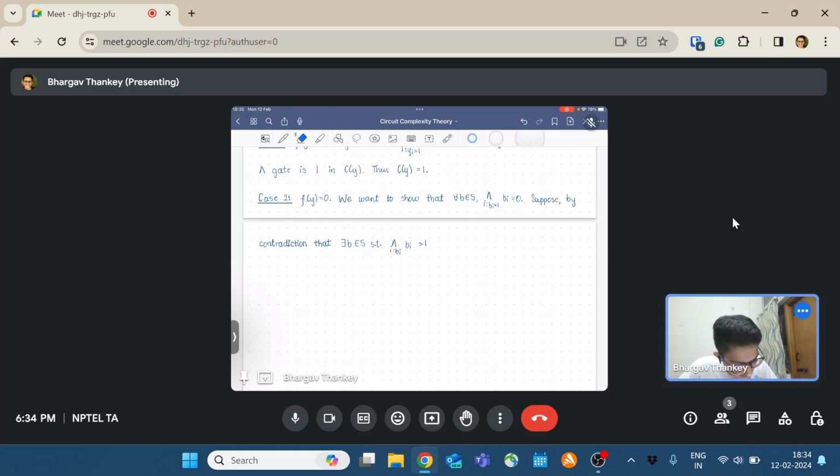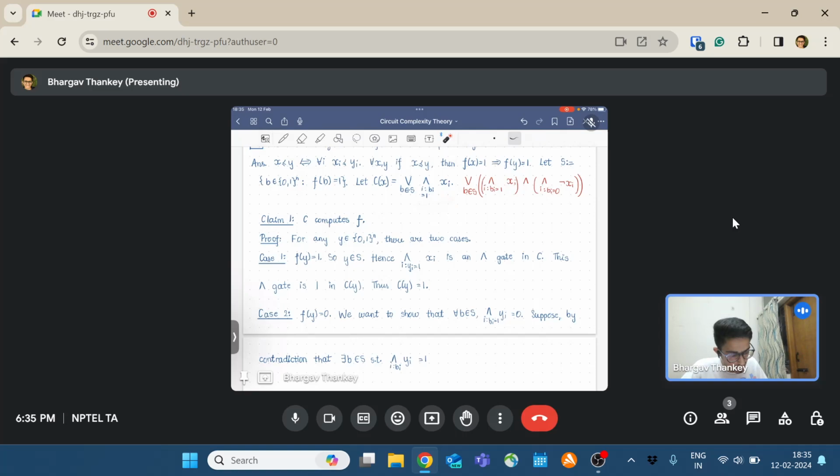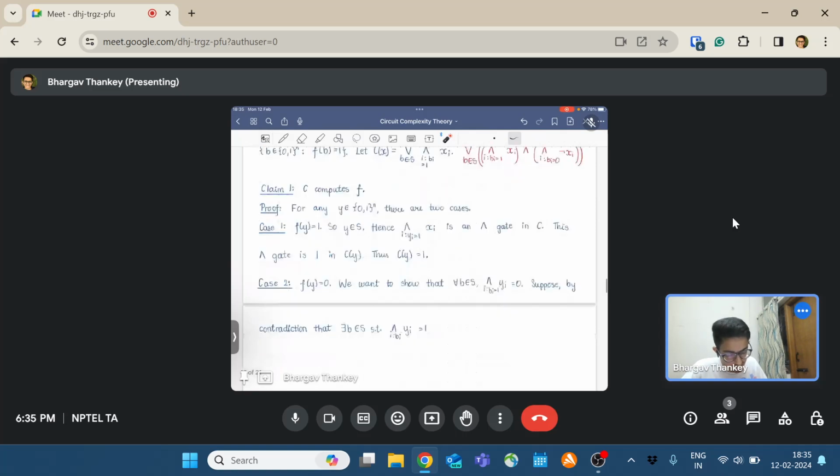The gate looks like AND of xi, so when I'm talking about C of y, I should replace xi with y.